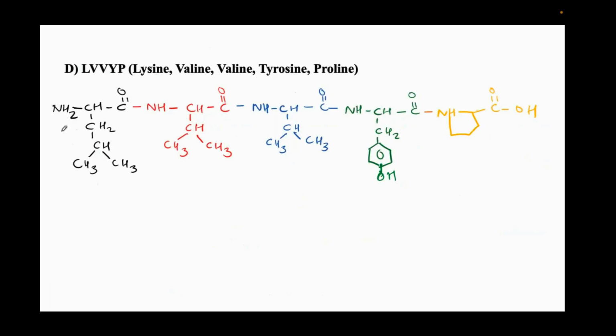Similarly, here one positive charge. Sorry, this is not arginine. This is leucine. Leucine doesn't have any charged side chain. So the charge on the side chain is 0. Similarly, valine also doesn't have any charge on the side chain. So 0. Again 0.